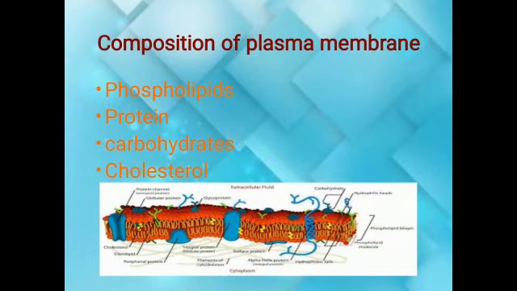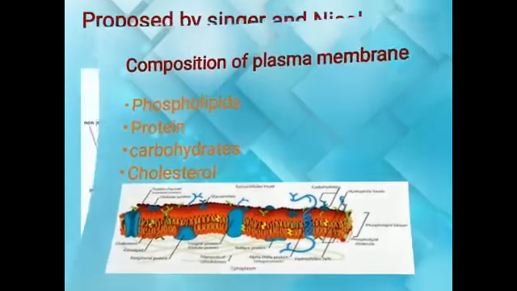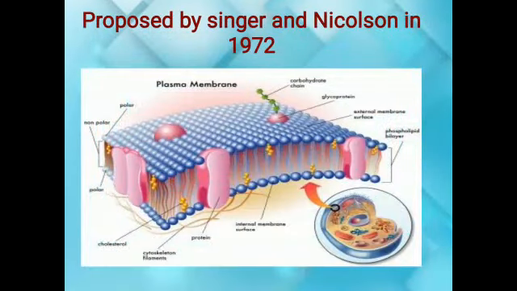The lipid bilayer gives fluidity and elasticity to the membrane. Small amount of carbohydrates are also found in the cell membrane. Fluid mosaic model was proposed by S.J. Singer and G.L. Nicholson in 1972.